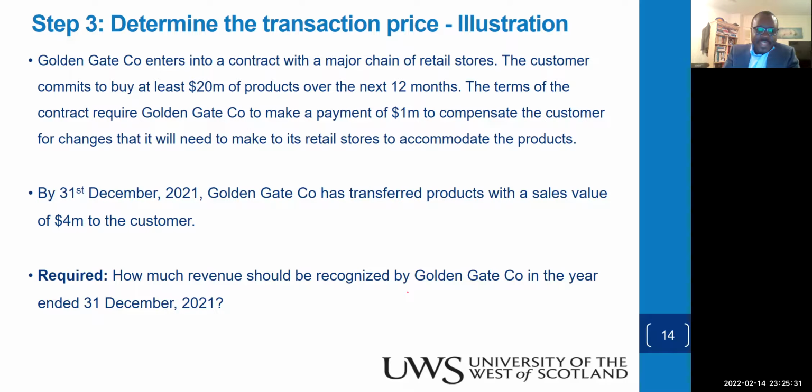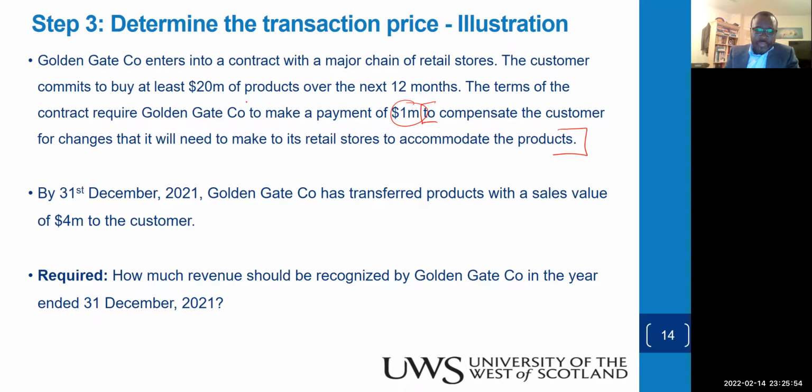But assuming you cannot identify it clearly, we are giving you 1 million to compensate you for nothing. No statement is made here. Then we treat this as a discount, telling you that we've actually given this customer 1 million out of the 20.